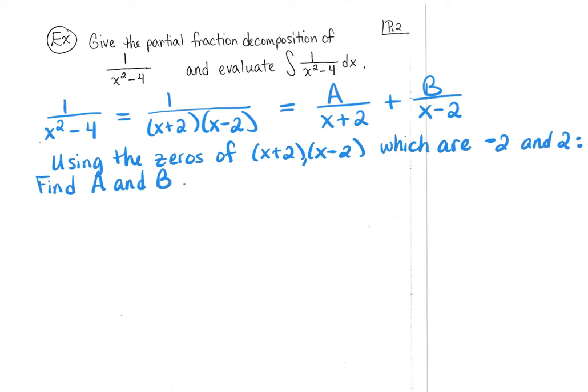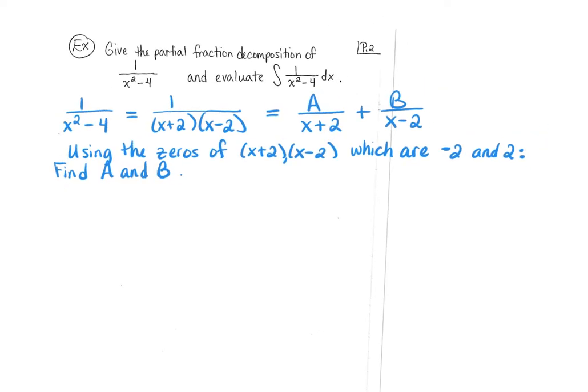Now, notice that in order for two expressions to be equal, so this is equal to this, that means their numerators must be equal. Well, we have to find a common denominator over here, so a little bit more work. Rewriting the right-hand side, you have a times x minus 2 plus b times x plus 2 all over x plus 2 times x minus 2.